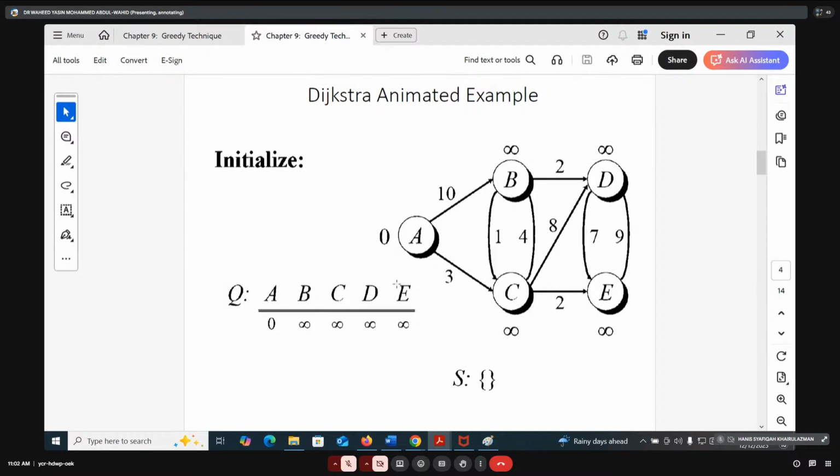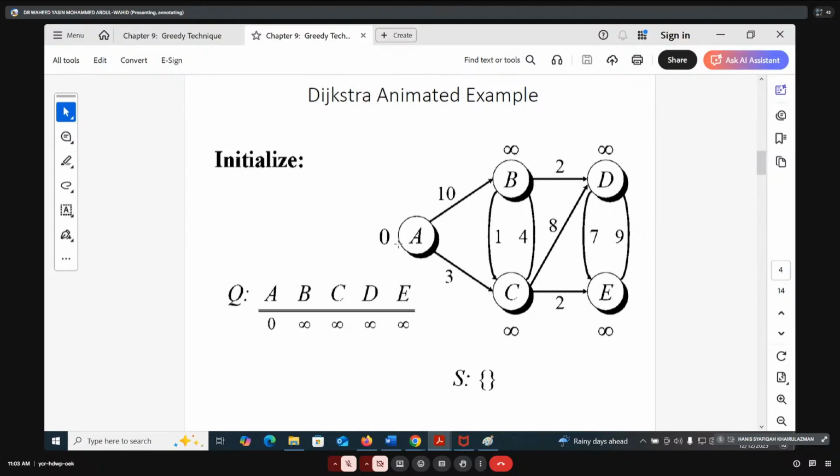This is an example. Here A, B, C, D, E, and here it says 0 and all the others infinity. So I initialize infinity, same as the previous answer, but with a different explanation.